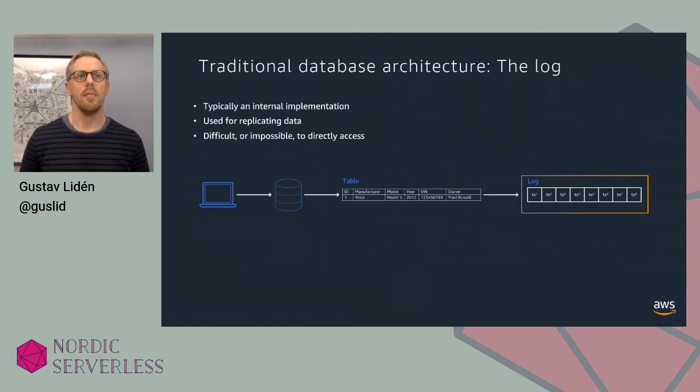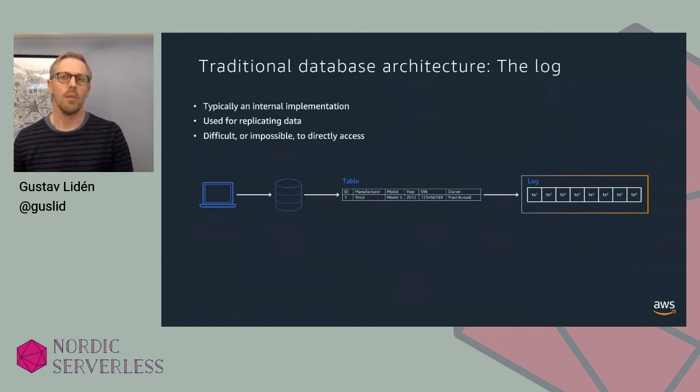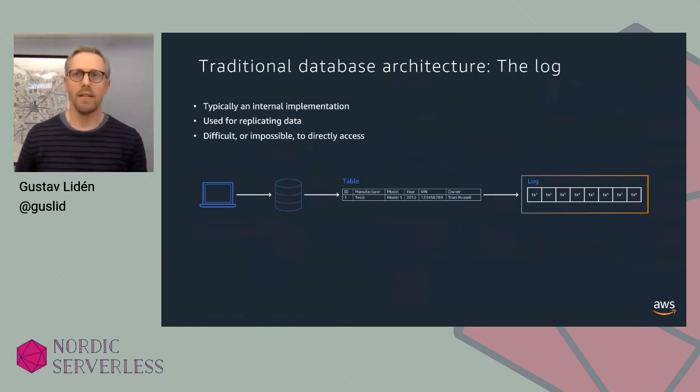This slide shows how you normally think of transaction logs within traditional relational databases, where you write something to a table, and after that a transaction log is produced, often for replication purposes, etc. But the log itself is an internal feature of the database. It's not something you're able to access as a user of the database.